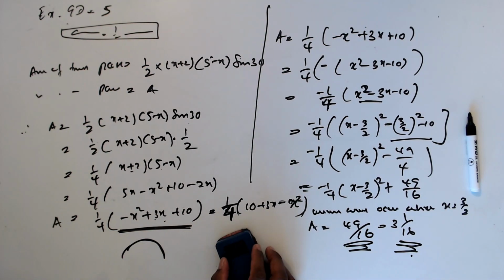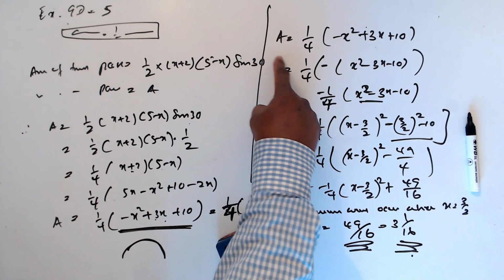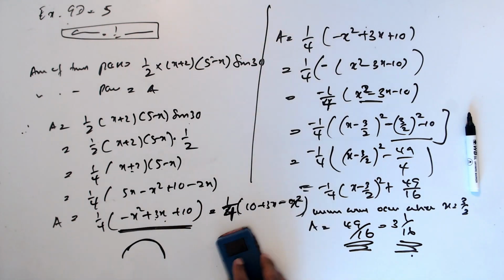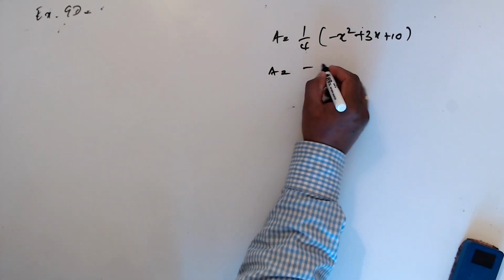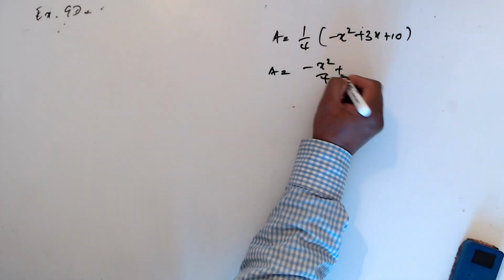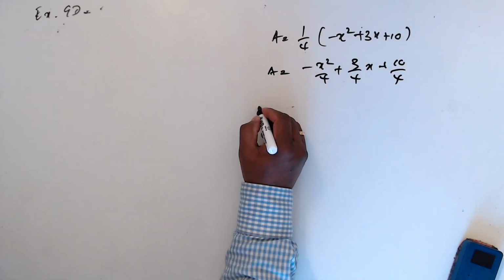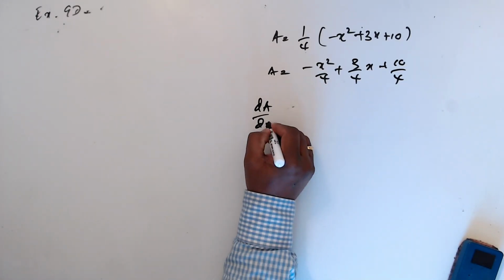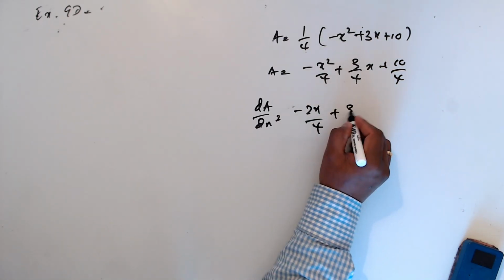The second technique is, when you learn differentiation, you can differentiate this one. So A is minus x square over 4 plus 3 over 4 x plus 10 over 4. dA over dx equals minus 2x over 4 plus 3 over 4.